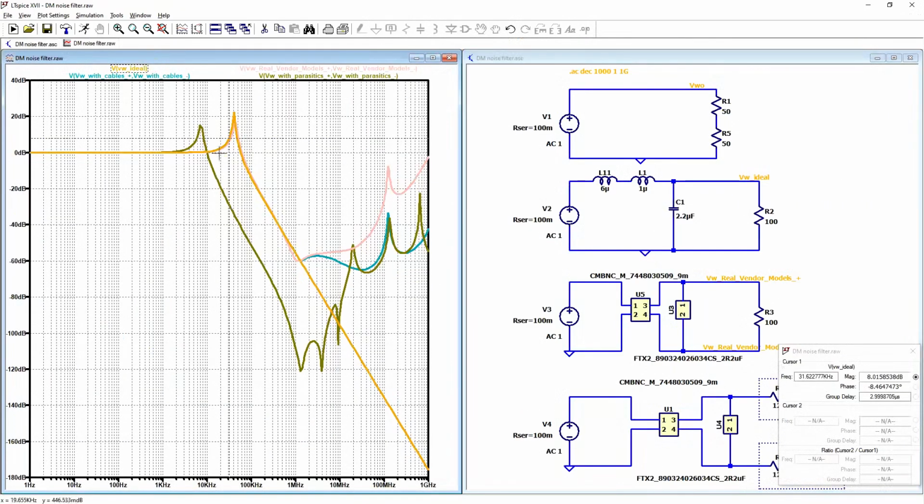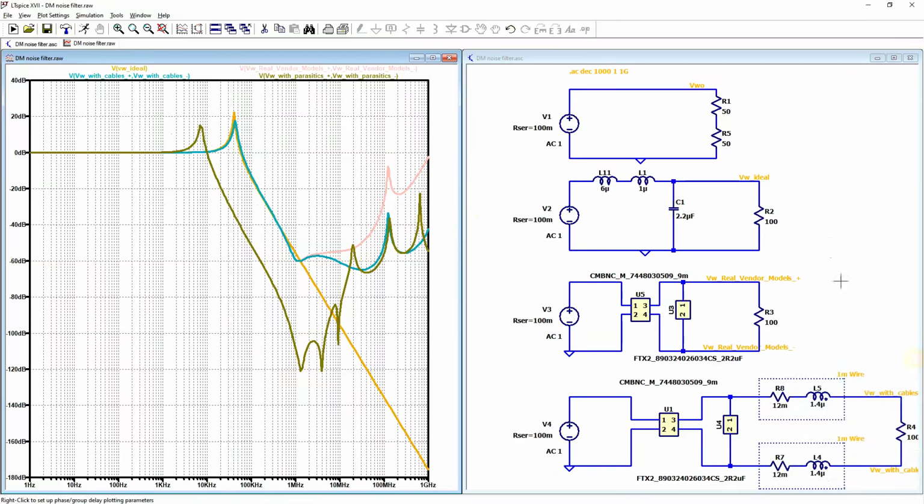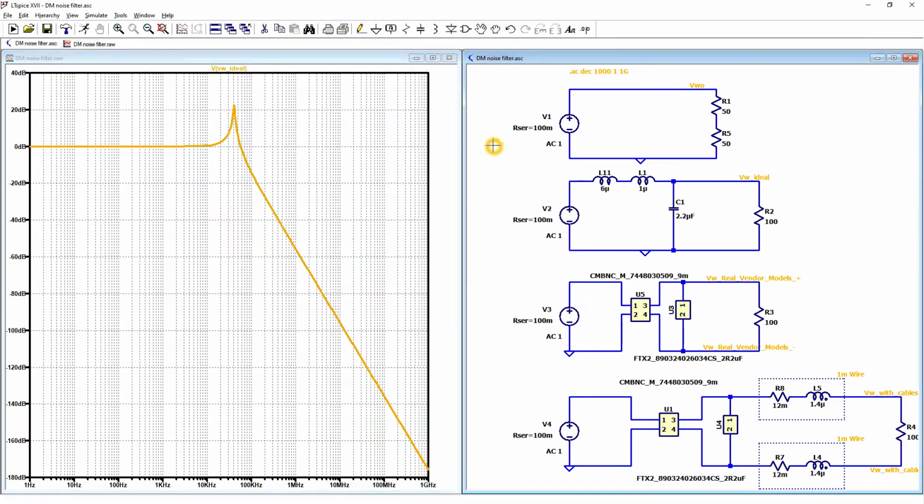We have our ideal graph, our vendor models, our cable model, and our parasitic with cable and input filters. Let's start with the ideal model in correspondence to the vendor model.